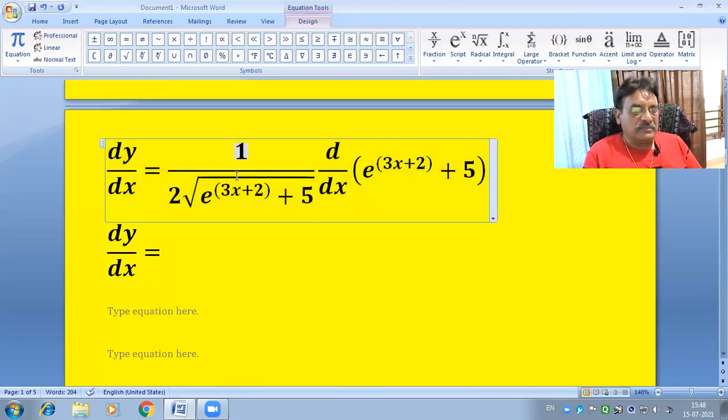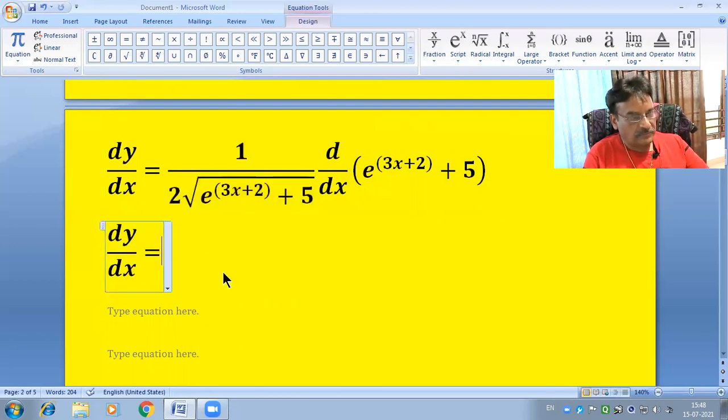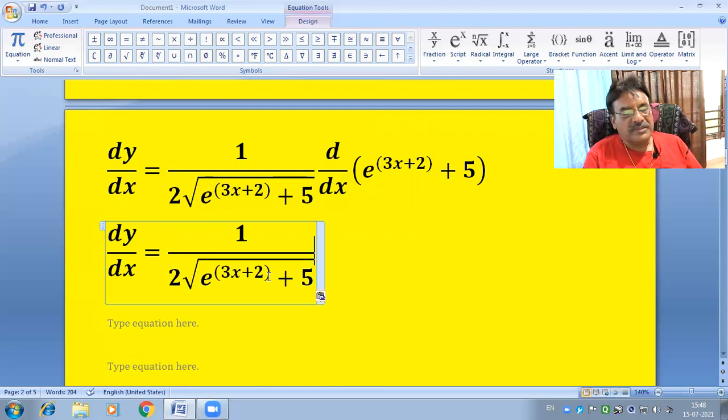Up to this, the function stays as it is. Then we find the derivative of this bracket by using the addition rule. We know that d/dx of u plus v is du by dx plus dv by dx. Similarly, d/dx of e to the power 3x plus 2, plus d/dx of 5.